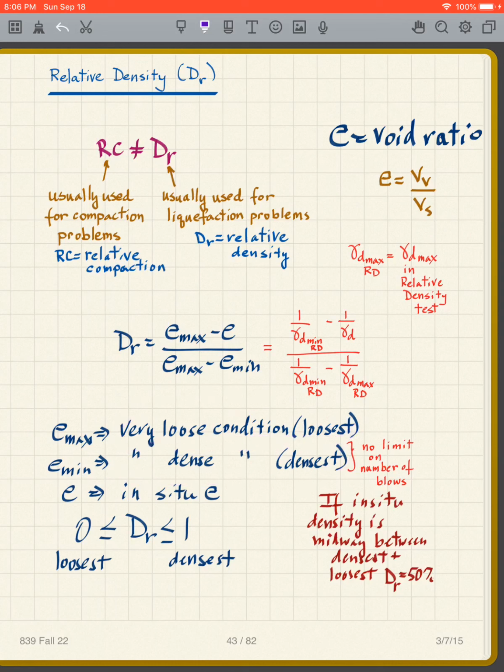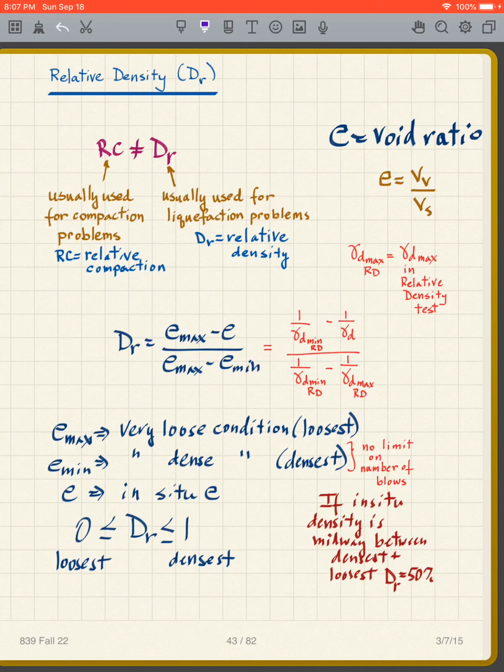So now that means that if we do some conversions here, we find that these two equations are equivalent.